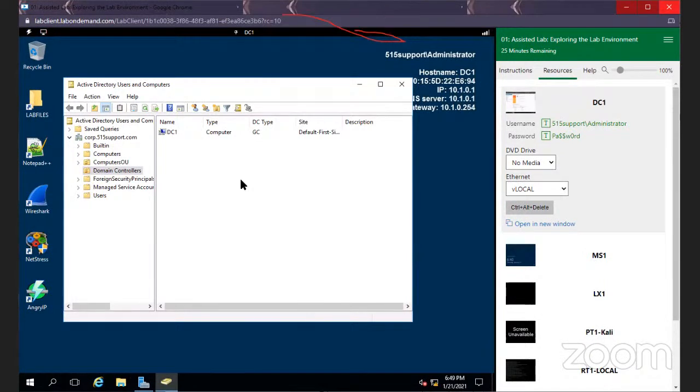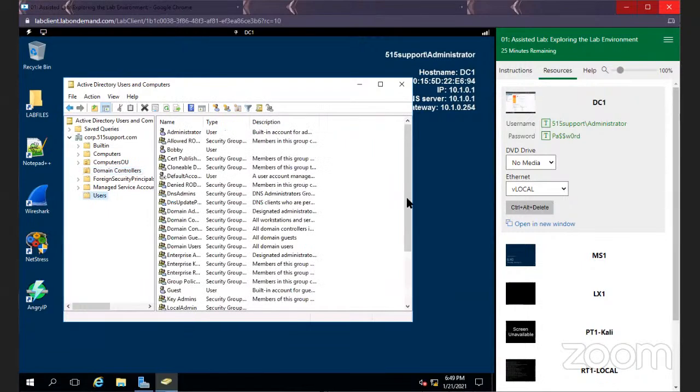I'm trying to get this thing off my screen. All right. Okay. All right, so now we're looking at our Active Directory objects. Remember, we have users. There's some computers. All right, so let's open this guy up. Look at all these users.